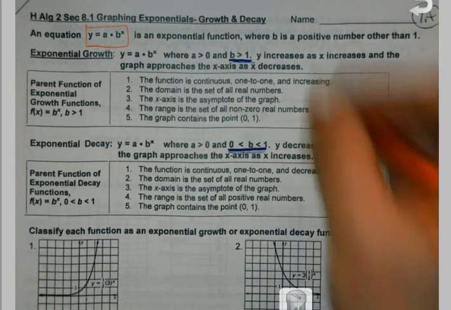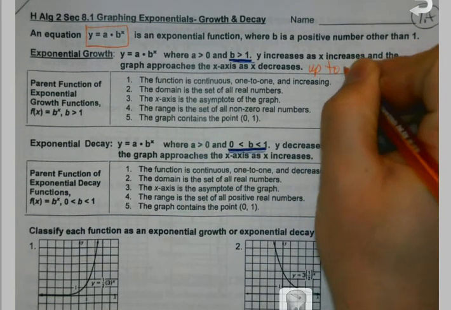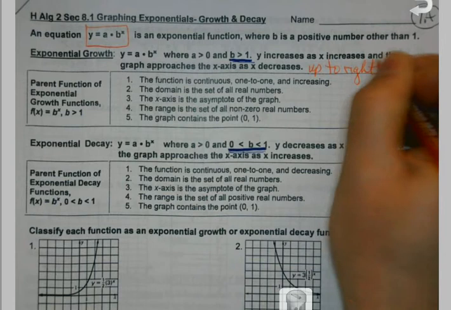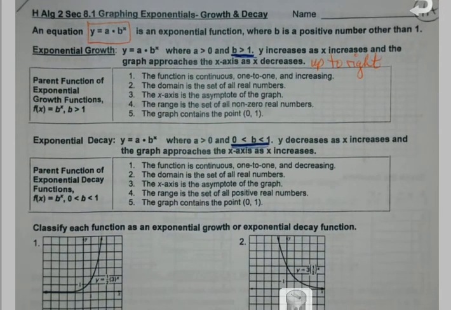So basically this means when I have exponential growth, my graph is going to be going up to the right, similar to number 1 down below. At least visually, that's what it would look like.